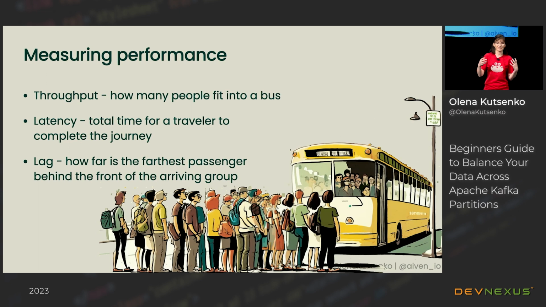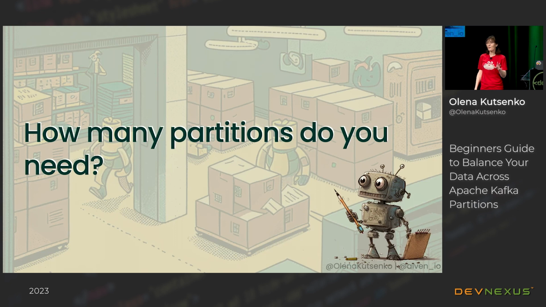Latency is how much time it takes for a passenger to reach the final destination, including not only the time spent in the bus, but also the time which is spent at the bus station waiting for the bus. And finally, the lag is how far the furthest passenger is behind the front of the group. So keeping these metrics in mind, let's start with a question. How many partitions do you actually need for your topic?